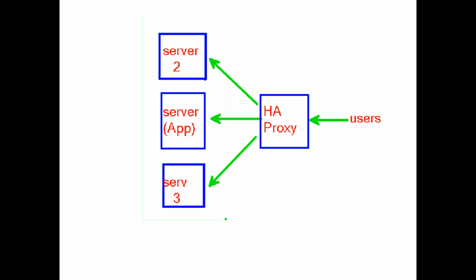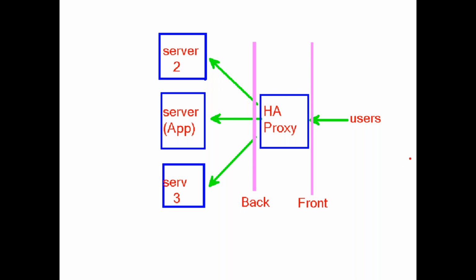Now HAProxy contains two things: one is the frontend, and the next one is the backend. What will the frontend do? The frontend gets the request from end users, and that request is distributed to the backend servers.